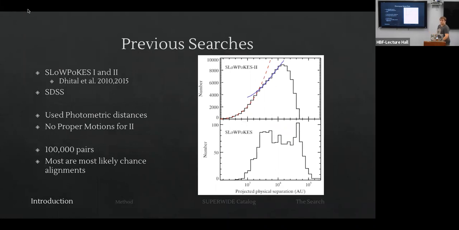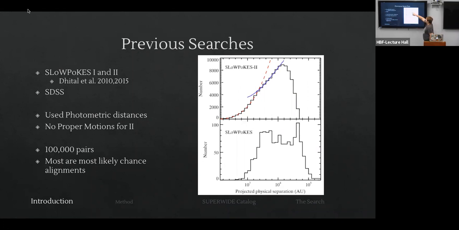And then the other one I want to highlight is the SLoWPoKES survey from Dhital et al. in 2010 and 2015. These used SDSS. And so SLoWPoKES 1 used proper motions, angular separations, and photometric distances to search for their objects. SLoWPoKES 2, on the other hand, just used angular separation and distances. And as you can see, this has a huge effect on what the separation distribution looks like when you ignore proper motions. For SLoWPoKES 1, it goes up and then it plateaus and then it goes down.